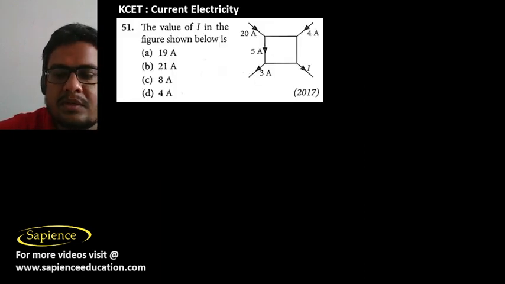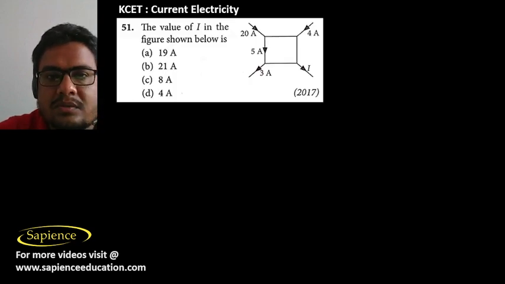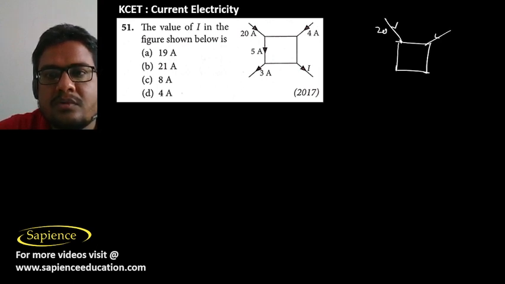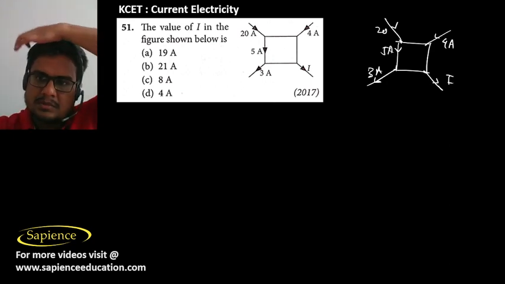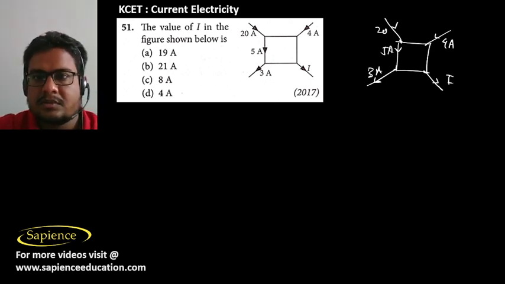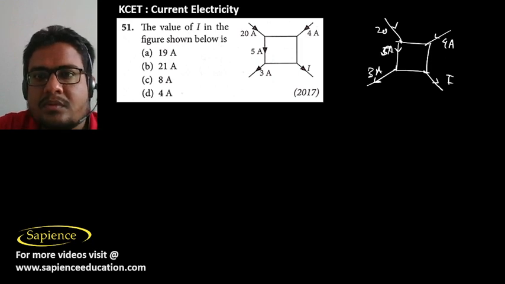The value of I in the figure shown below: here you have to apply KCL. This is 20 ampere, this is 4 ampere, this is 5 ampere, this is 3 ampere. Since this is 5 ampere and this is 20 ampere, 5 ampere goes here, so here 15 ampere should go.